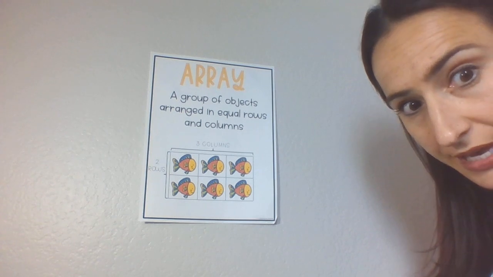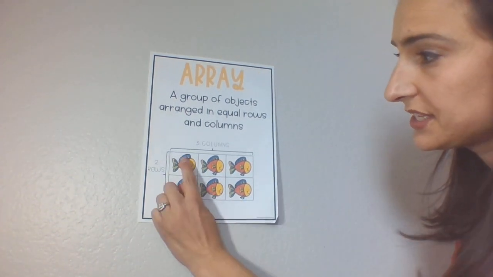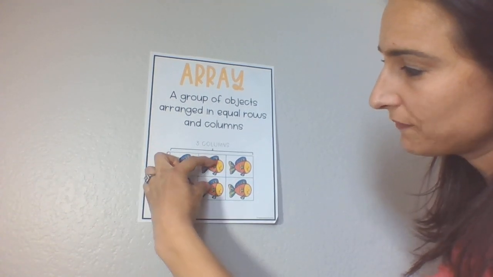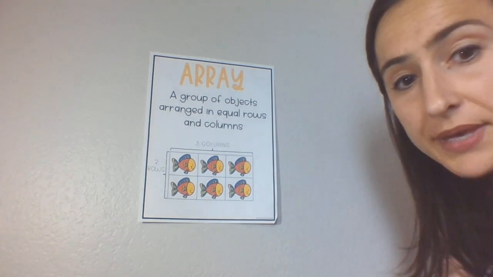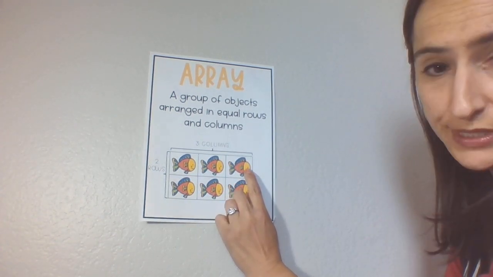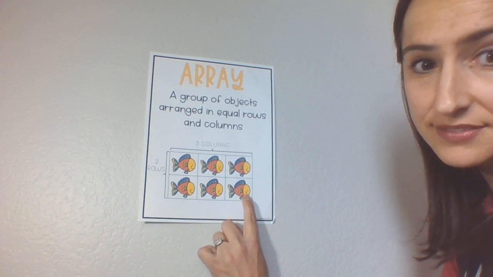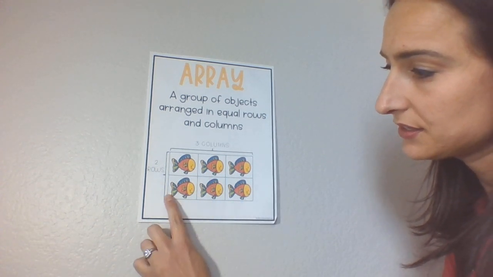If we were skip counting, we can either skip count by 2s this way by the columns, right? There's 2 here, so we can say 2, 4, 6, okay? If we want to skip count by 3s, we can look at the rows because there's 3 across in the rows. So 3 and 6, okay? Do that with me again.